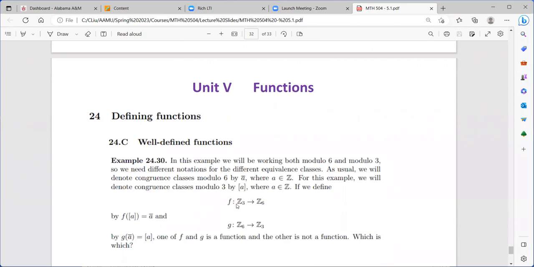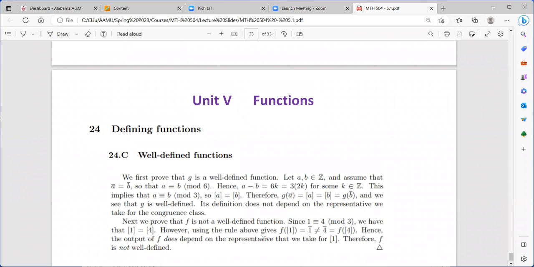This is the F from Z3 to Z6. So we're taking two different numbers in the same class, the class of bracket 1, the numbers 1 and 4, and seeing what happens to the value of F.